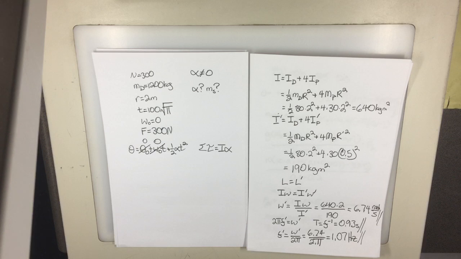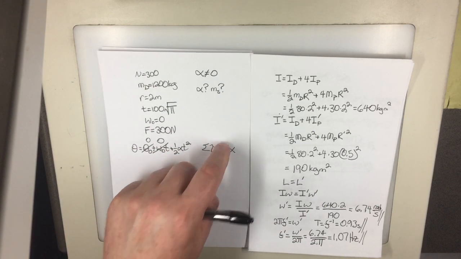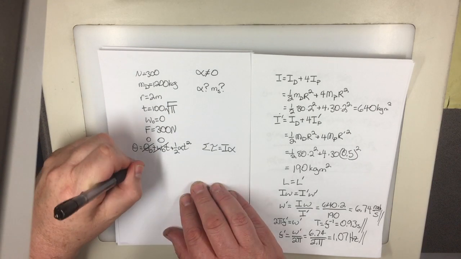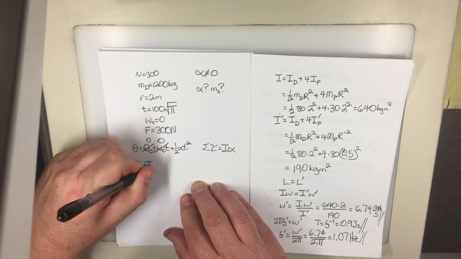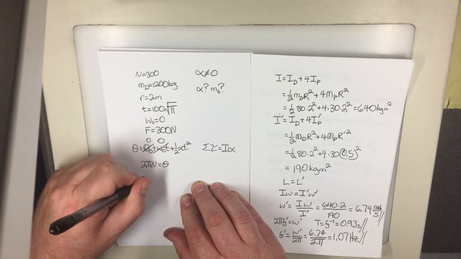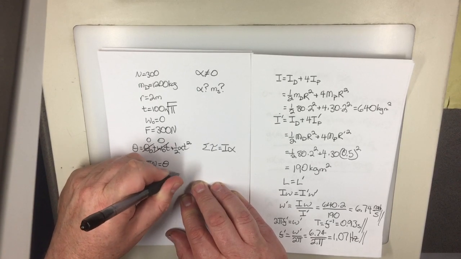If it was a zero, sort of like a Fisher-Fury problem, I would write this one, but not that one. But it's definitely a non-zero alpha. I know that 2 pi n is equal to theta, so I can rewrite this as 2 pi n equals 1/2 alpha t squared.